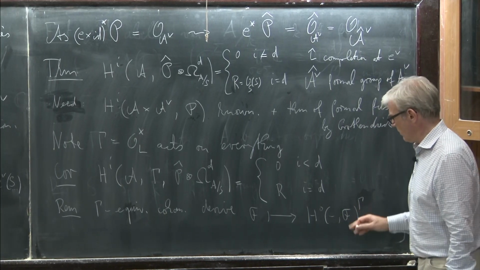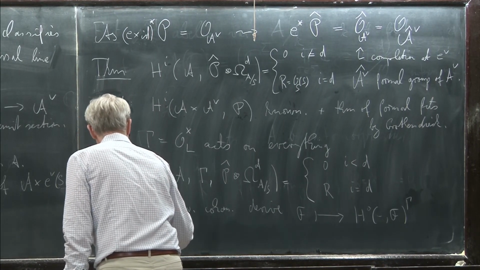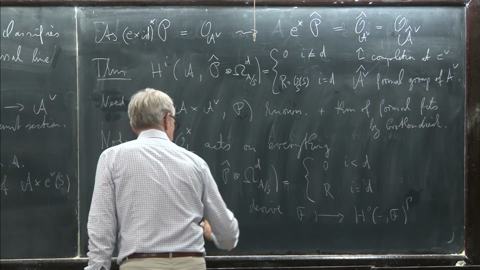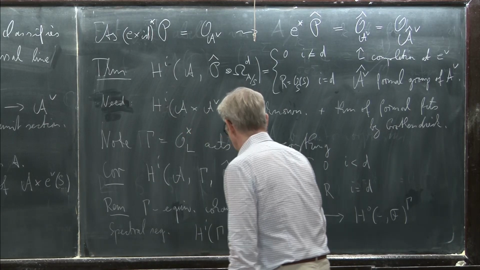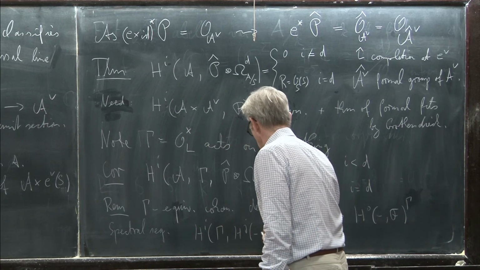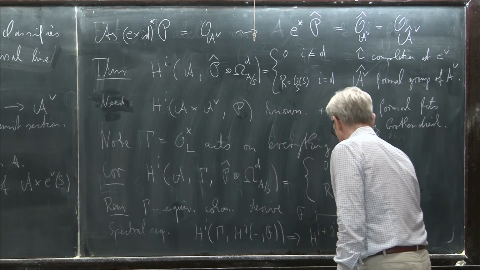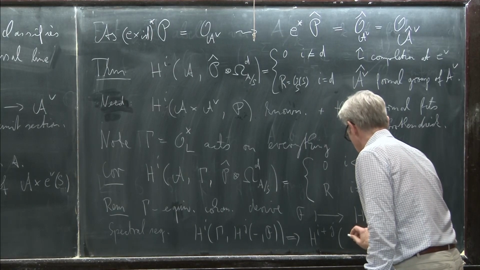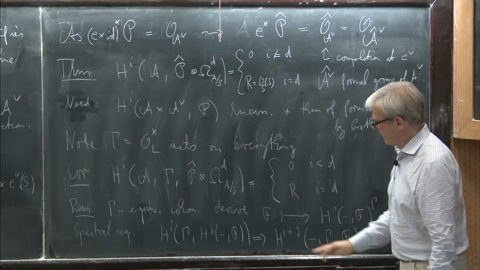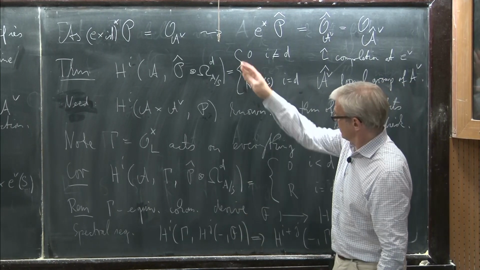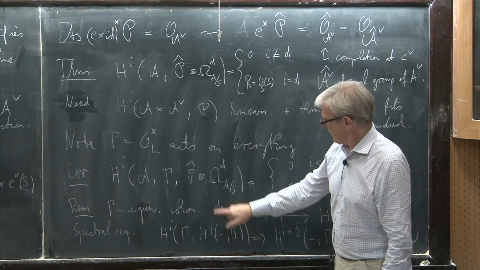And so it's a composition of two functors, which means you have a spectral sequence converging to this, which looks as follows. You have the group cohomology of gamma applied to the jth cohomology of your sheaf F, and this converges to the (i plus j)th equivariant cohomology with respect to gamma. And with the results we had, it is quite easy to compute these groups, and you get this result.